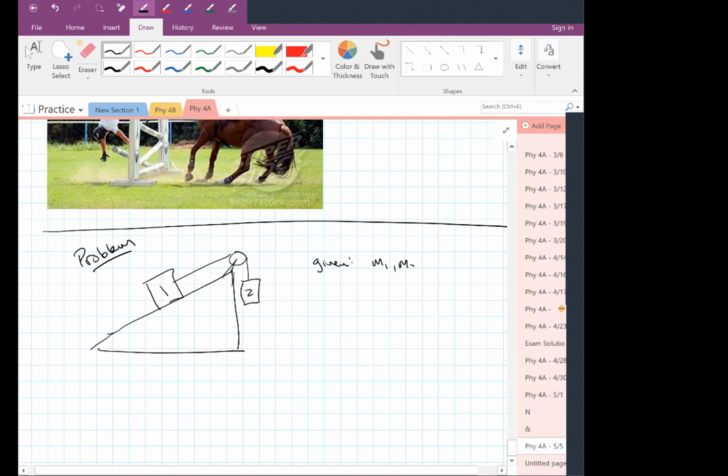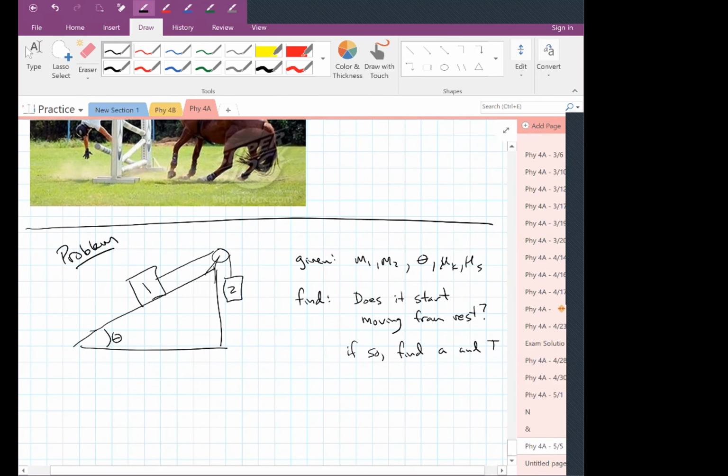If we're given M1, M2, theta, and mu k, find: does it start moving from rest? And if so, find acceleration and tension.